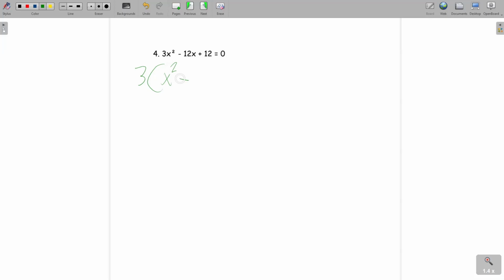x squared minus 4x plus 4 equals 0. Right, and now we can solve this inside like we did for the first couple problems, right? Where we go, okay, well, what gives us positive 4 to multiply and negative 4 when you add, right? 2 times 2 is 4, but 2 plus 2 is not negative 4, right?